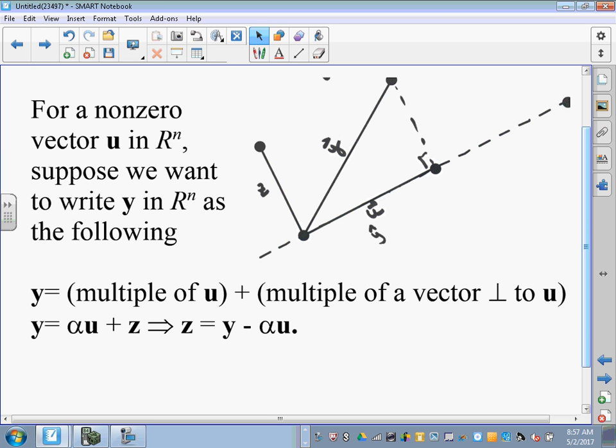For any non-zero vector u in Rn, so something that we can graph or express as a vector, we want to write y as a multiple of u plus a vector perpendicular to u.